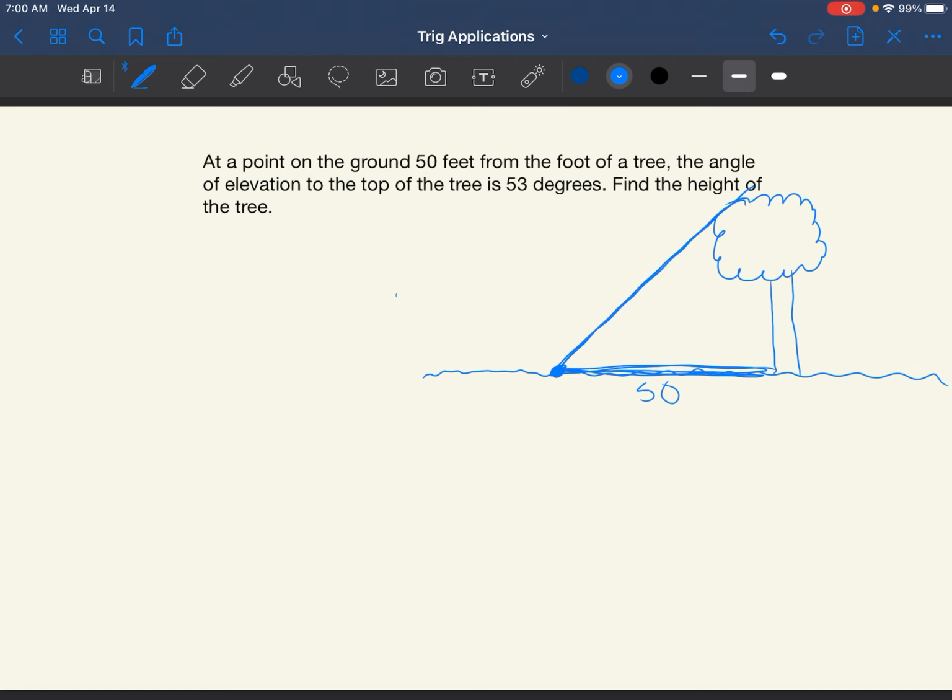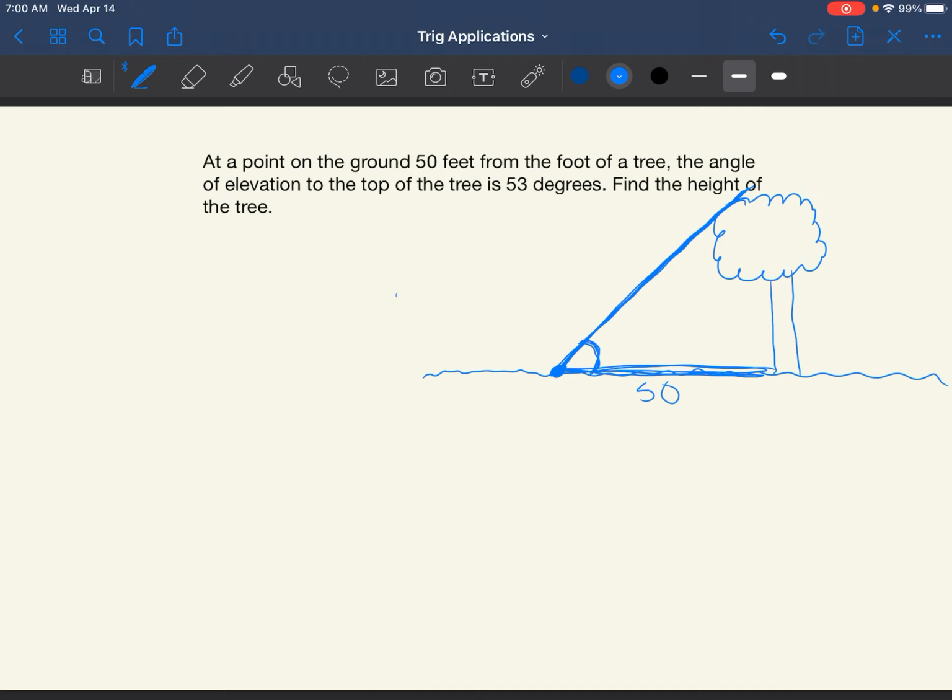I draw a line going to the top of the tree, and the angle of elevation is that angle that goes from the horizontal up to this new line of sight that goes to the top of the tree. So this is your angle of elevation.